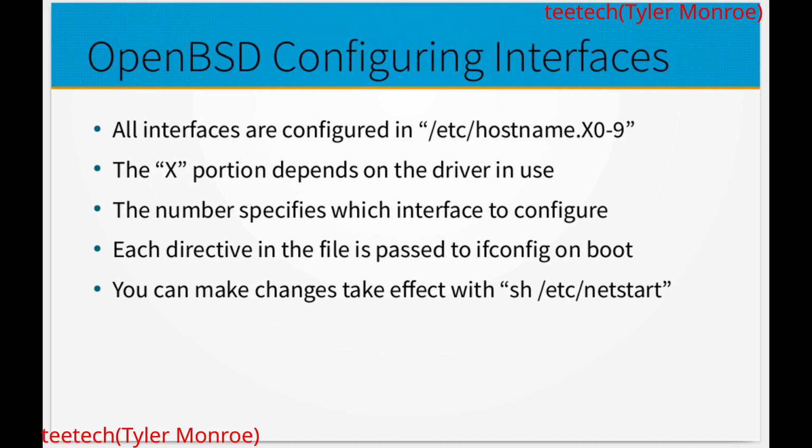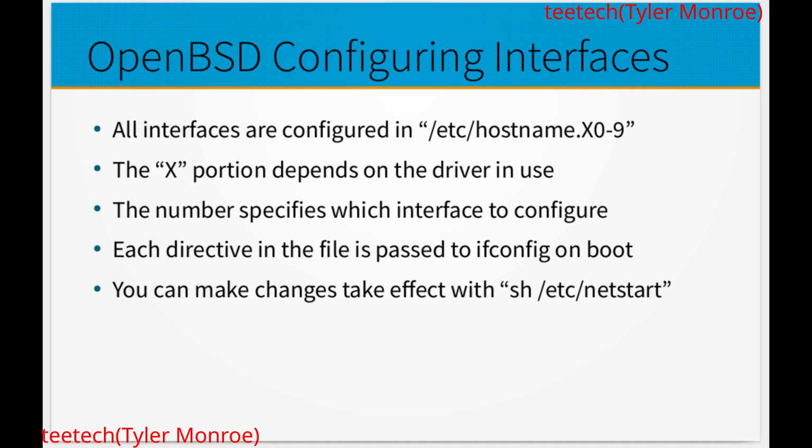Now, breaking that down, the X portion is all dependent on the driver in use, and this just depends on what OpenBSD has to manage that piece of hardware. For instance, your Intel network cards would usually have the em driver, whereas something like a Realtek network card would have the rl driver, but that would affect what X is.